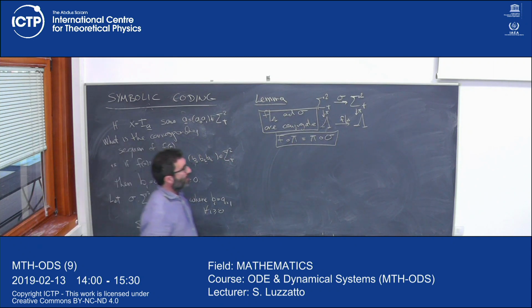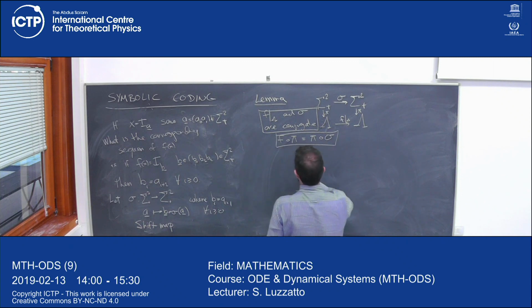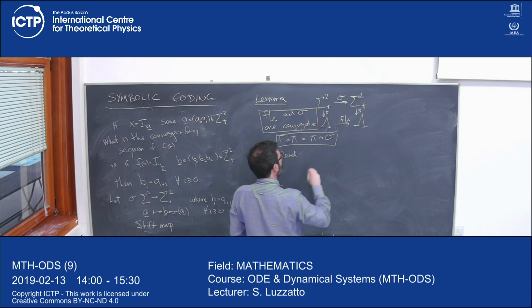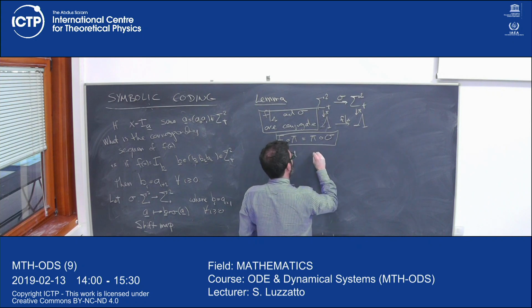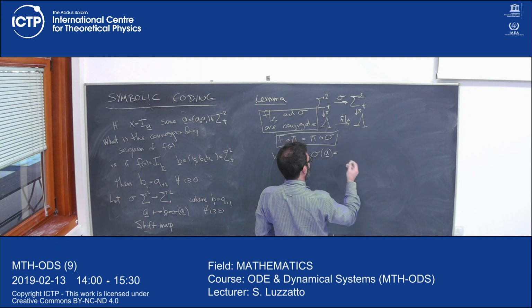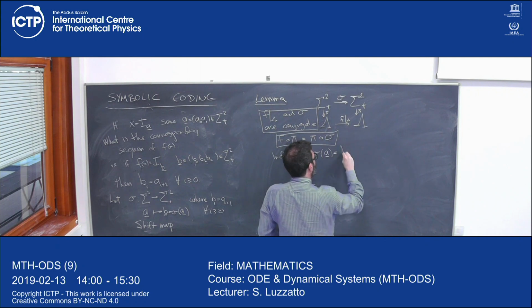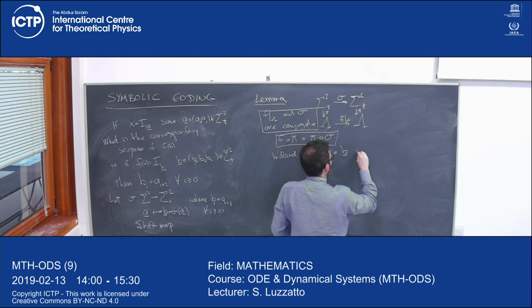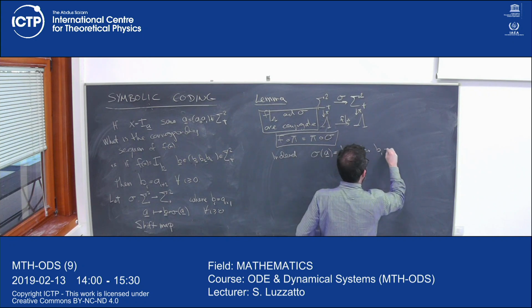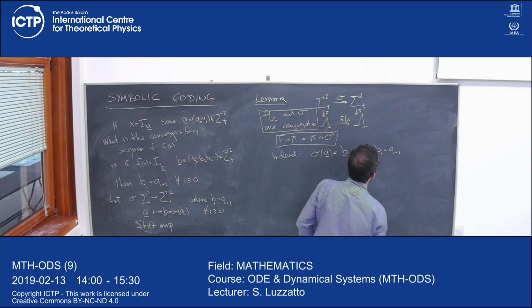And why is that? Because if you take sigma of A bar, by definition, as we just wrote here, it is B bar, where Bi is equal to A i plus 1.